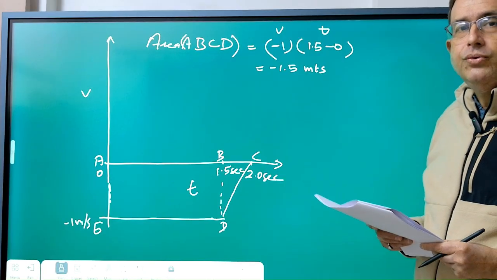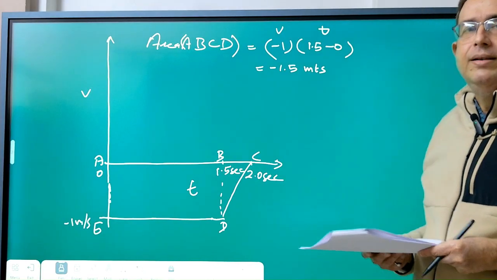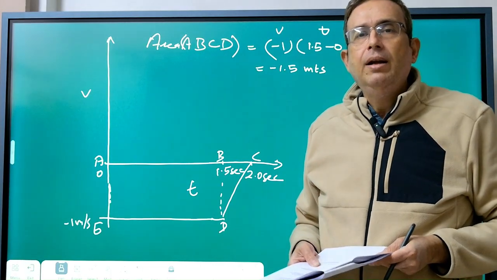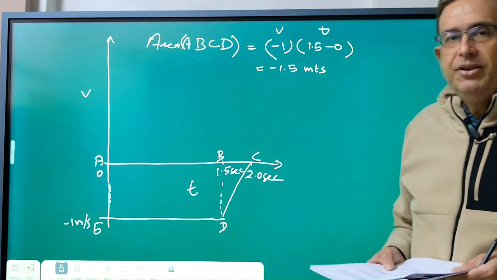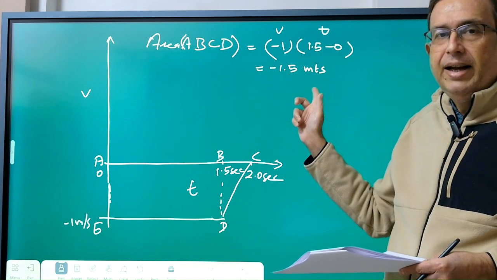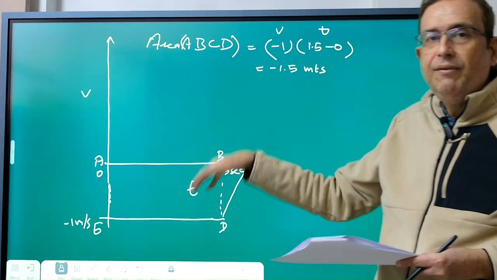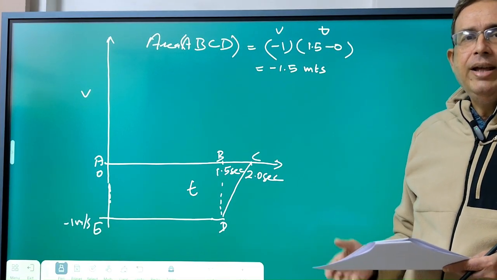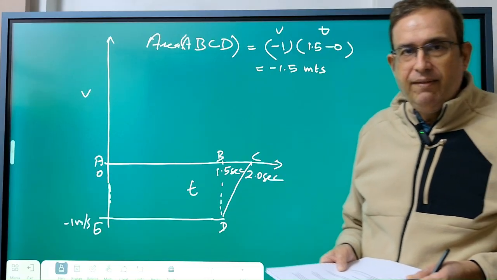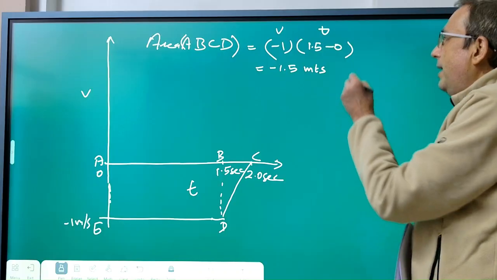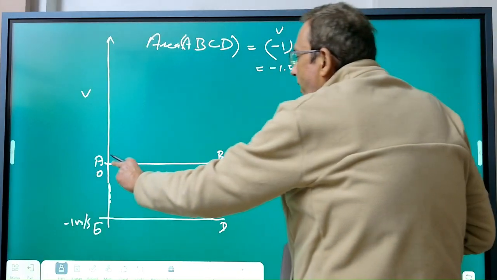And the negative shows that the displacement is negative, because displacement turns out to be a vector quantity and it has got a sign in one dimension. So it is negative because the sign is negative, and also you can see from the area which is below the x-axis. So the area below the x-axis is always taken as negative area. So in that case, you can say that this would be the displacement from point A to B.